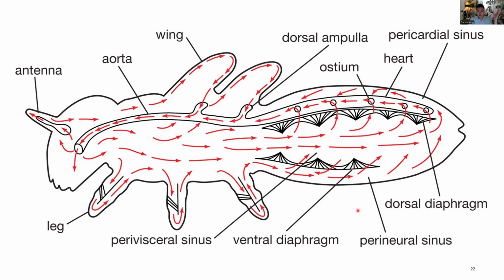And you've probably learned in BIOL3205 something called the corpora cardiaca, right? Which is near the dorsal vessel of the animal. And this allows for systematic coordination of all of the physiological systems, right? So that's one function of the hemolymph.